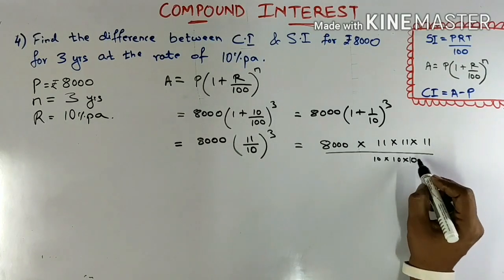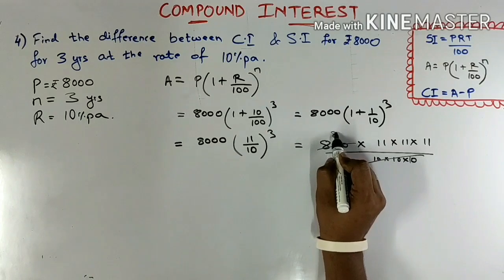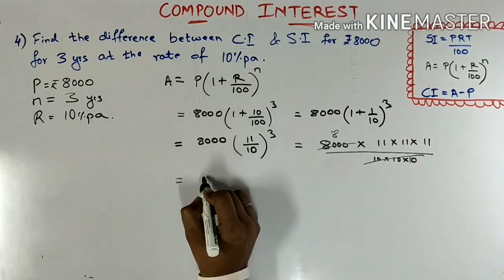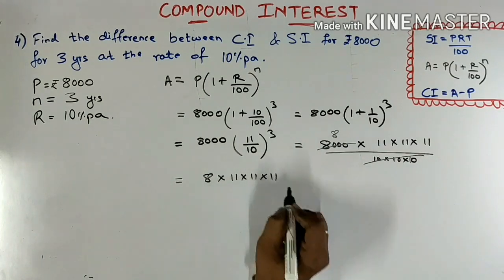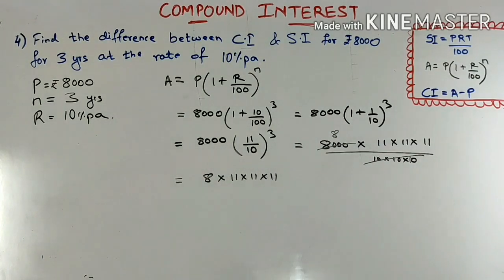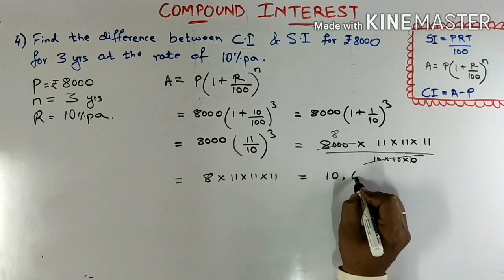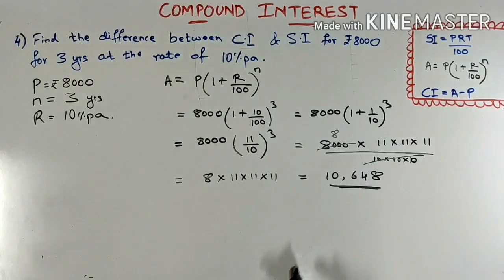So this gets cancelled with 1,000. What is left is 8. So total amount will be 8 into 11 into 11 into 11, which gives me 10,648. So this is my amount.